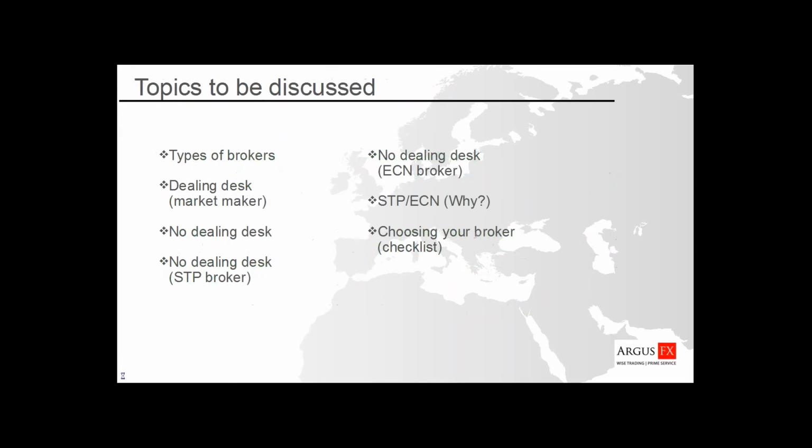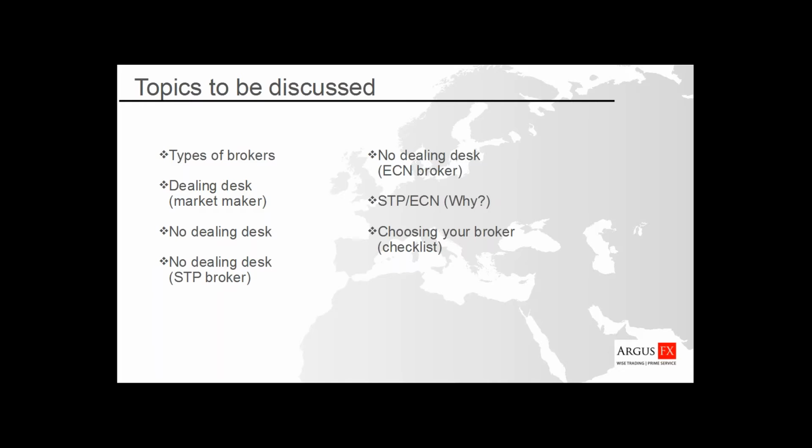Let's see today's topics that we're going to discuss. The types of brokers: dealing desk, no dealing desk, and a breakdown, a categorization of the no dealing desk into an STP broker and an ECN broker, and why the combination of the two, STP broker and ECN broker, is the best combination for a trader.